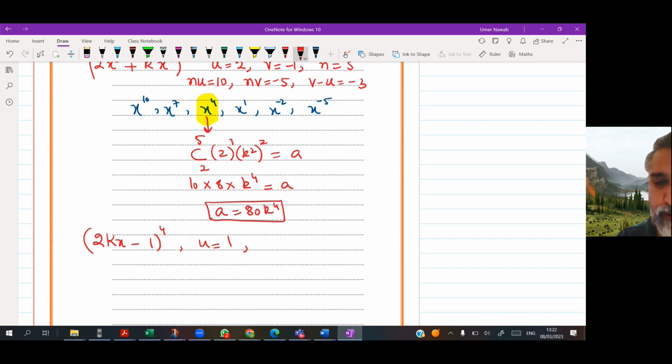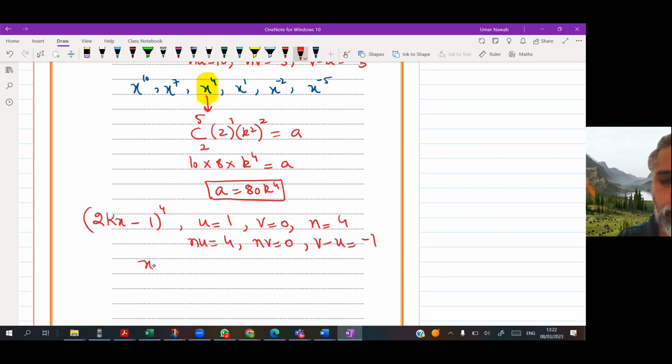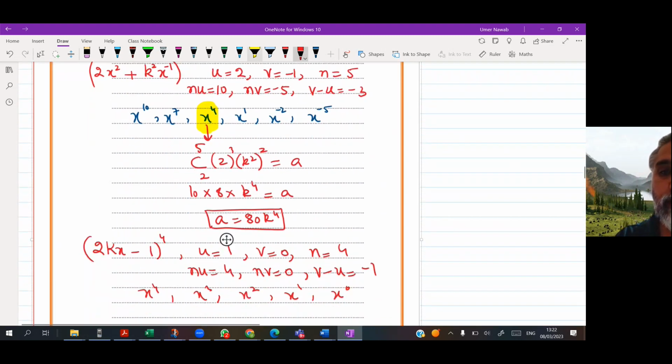There is no power of x in the second term, so v is equal to 0, n is 4, and n times u is 4, and n times v is 0. V minus u is minus 1. Powers will be 4, then 3, then 2, then 1, then 0.